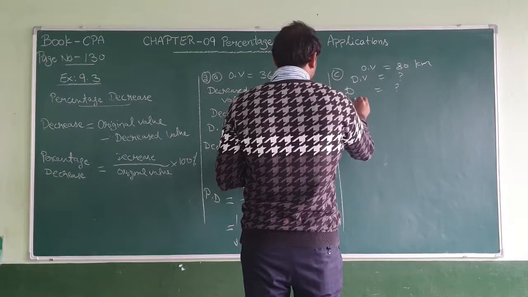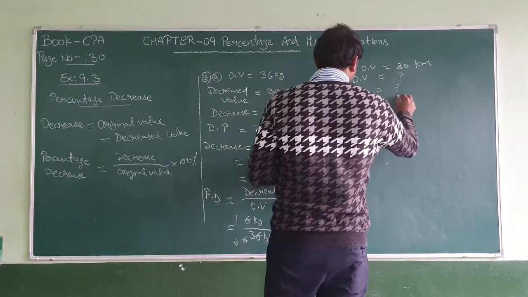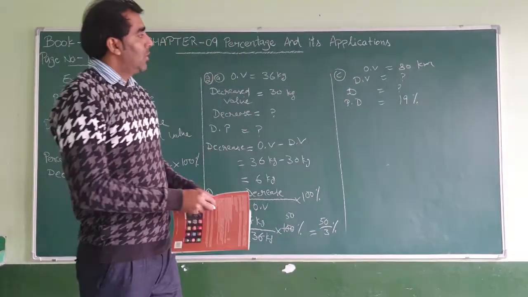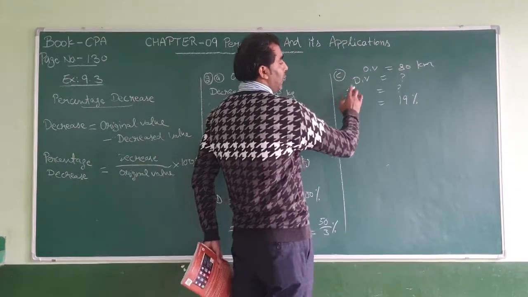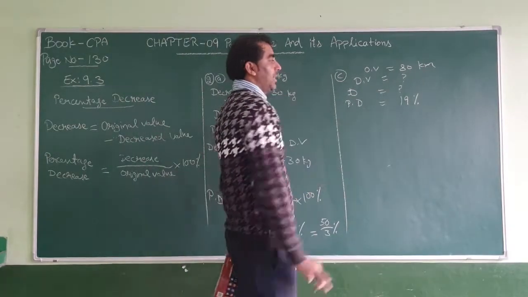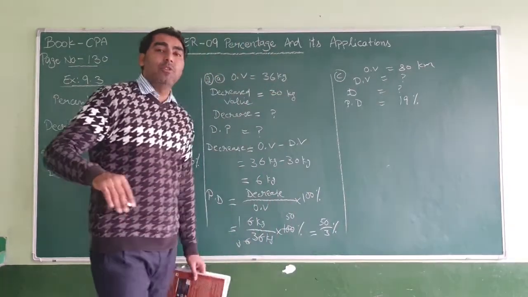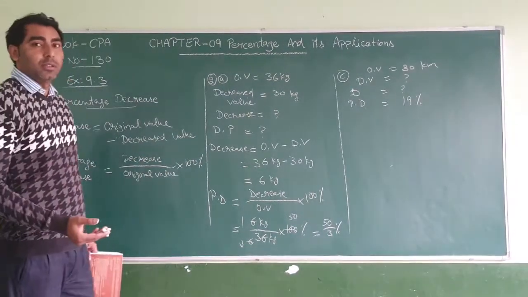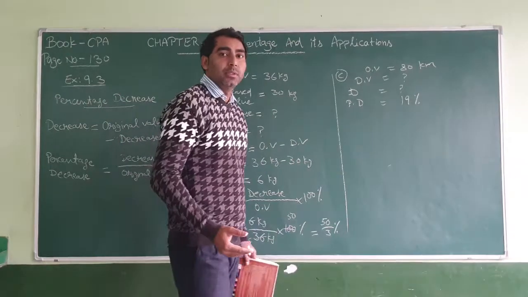But we have percentage decrease. So let's check: we have no decreased value, no decrease, but we already have percentage decrease. It means firstly we will apply the formula of percentage decrease, because we have two values already.